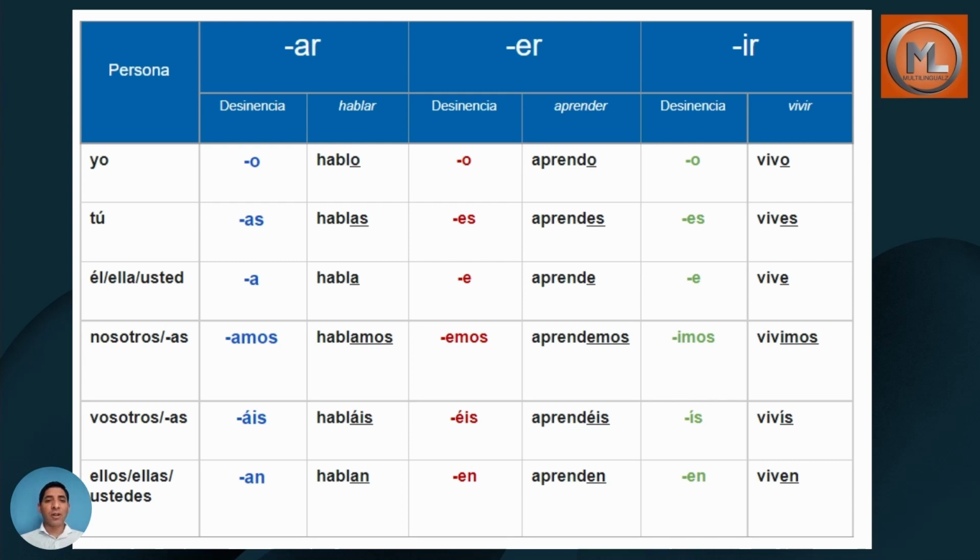And the last one for ellos, ellas, ustedes ends with en. And we say ustedes viven. Ellos viven. So that is the conjugation for all three forms. If you learn by heart the endings for this, you are going to be able to conjugate lots of verbs.